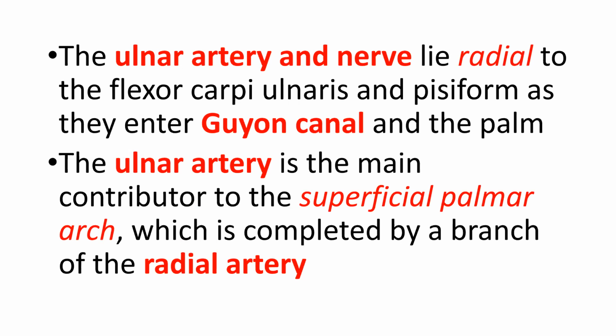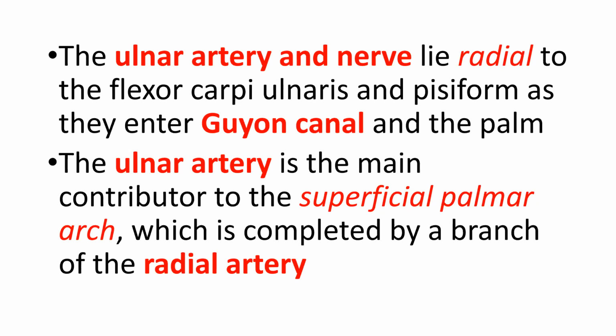Don't forget it's bounded by the pisiform and the hamate ligament, and you have the bony structures behind. It's a canal. You see, you have the pisiform, the hamate, and behind you have a tunnel where the ulnar artery and nerve pass.